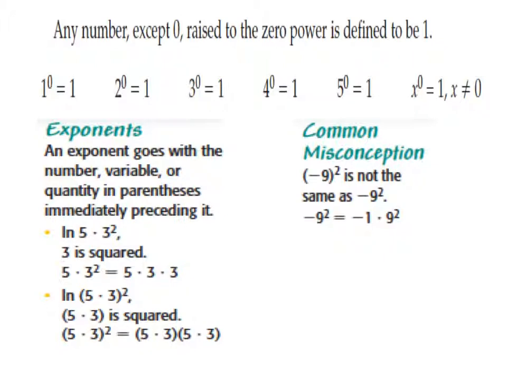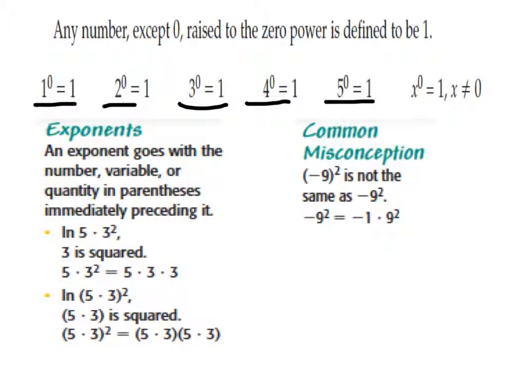Like before, 2 to the first power, we omit the 1. Here's another concept that you should be familiar with: any base, except for 0, raised to 0 is 1. So we have several examples here. Please remember that the 0 power means that the answer is automatically 1.